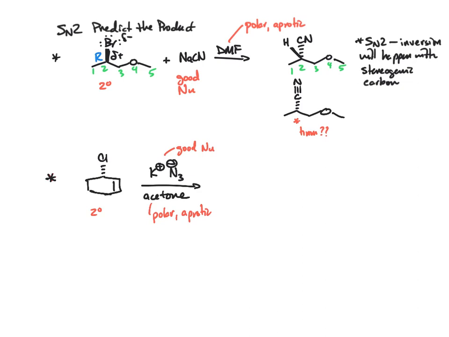So I'm going to go ahead and number this. Again, this numbering is just strictly for keeping track of the atoms and not the name itself. So this nucleophile will attack carbon number 1, and then the azide group, N3, that's what that's called, azide, should be a dash or a wedge.